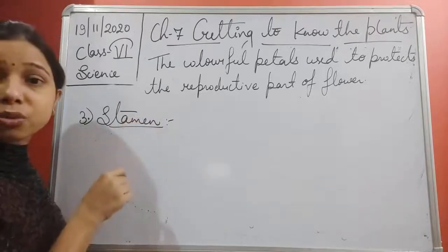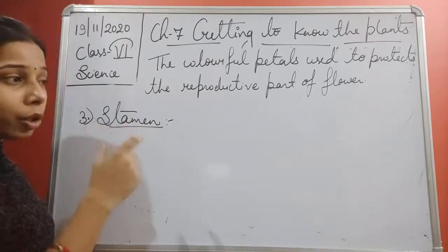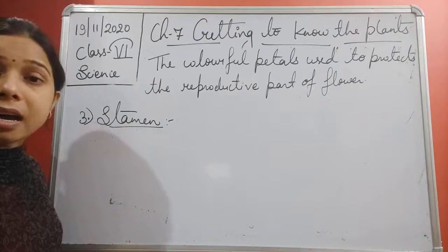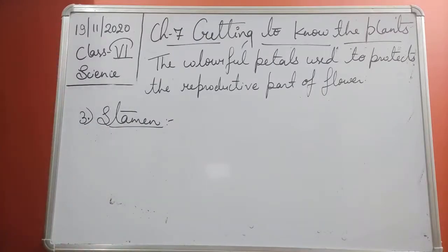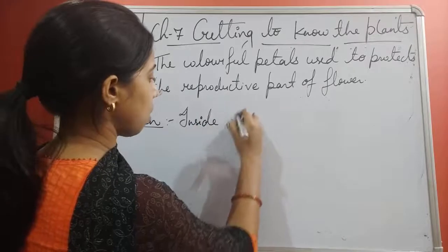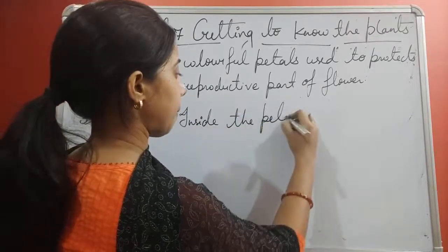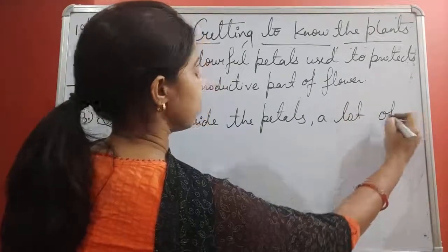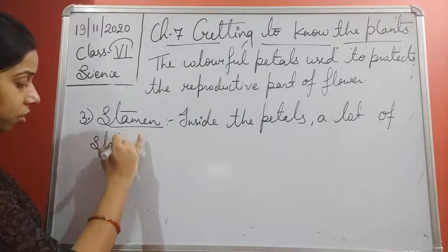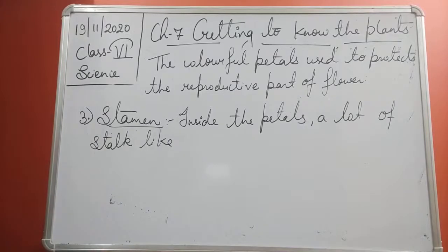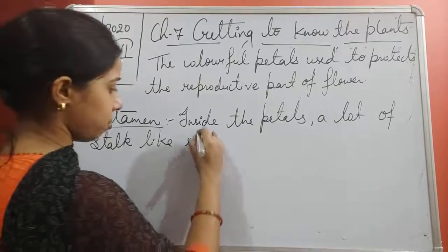That stalk-like structure is actually the filament, and the top present on the stalk-like structure is known as the anther. So we can write it: inside the petals, a lot of stalk-like structures.